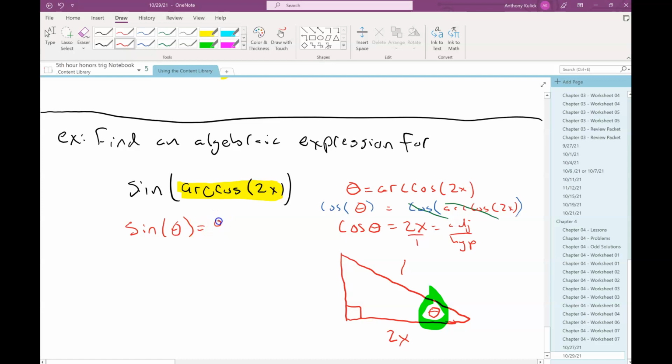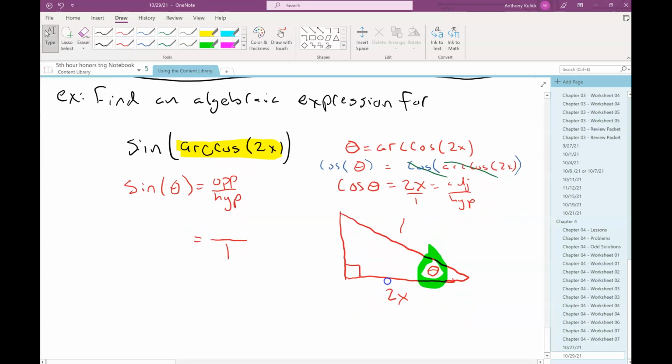So sine is opposite over hypotenuse. The hypotenuse we know is 1. How am I going to find that opposite side? Right now I don't have it.